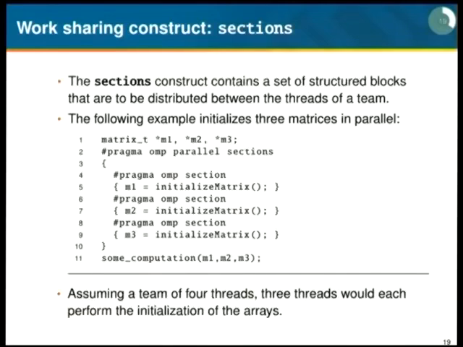Let's go to OMP parallel. Sorry, OMP sections. First you annotate, okay, I'm going to have a block with sections in it, and essentially we define 3 sections, which are run in parallel by 3 different threads.